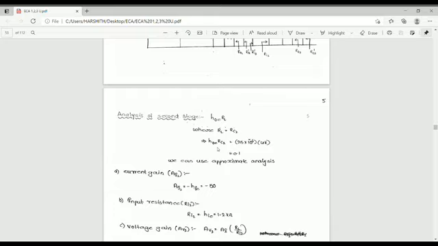AV2 equals AI2 into RL by RI2. This is the formula. Current into resistance is the voltage.